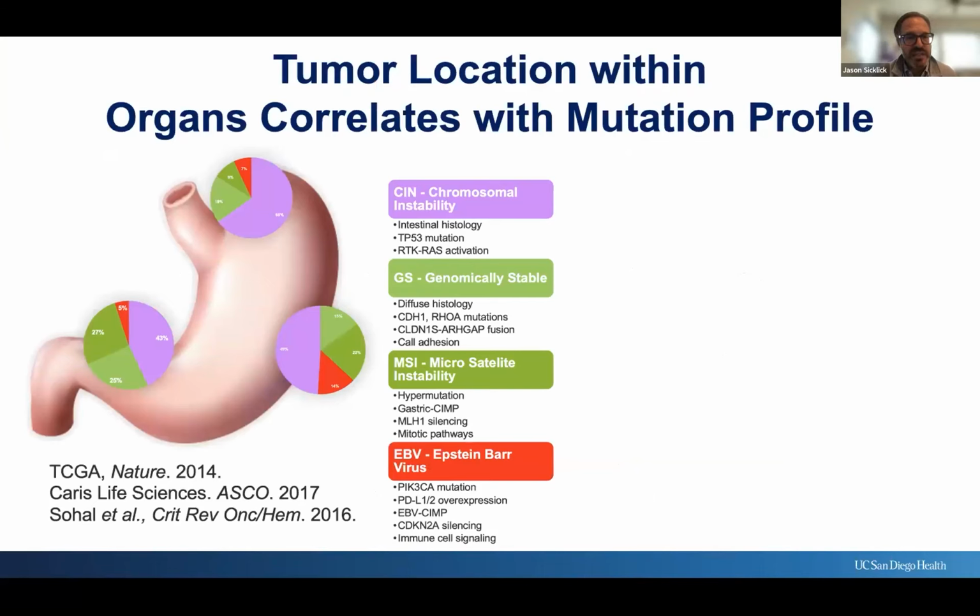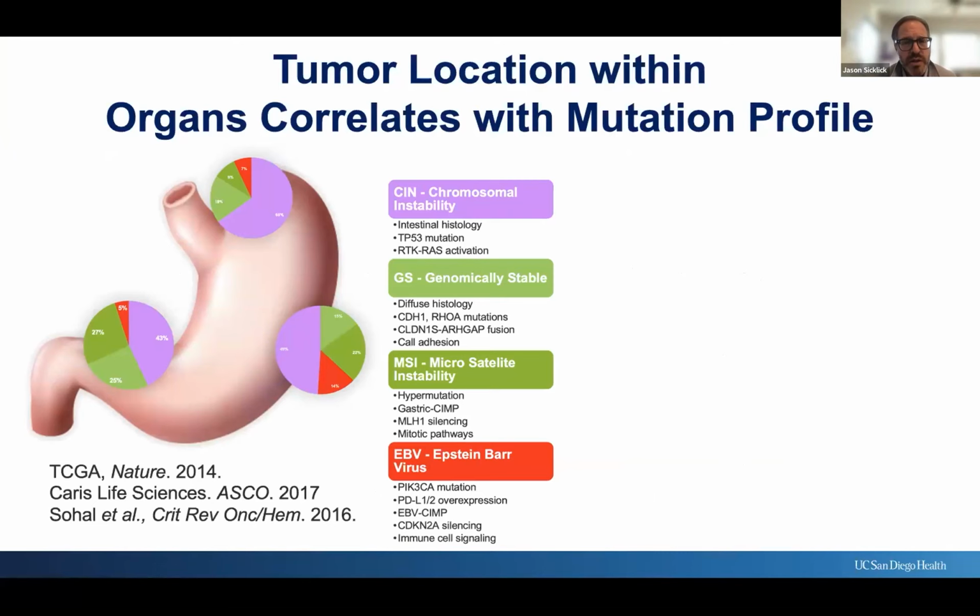This is data from gastric adenocarcinoma, or gastric cancers that arise in the lining of the stomach. And what we've learned, from the Cancer Genome Atlas, or TCGA as it's called, is that different parts of the stomach actually have different causes, or different frequencies of causes, that lead to gastric cancers.